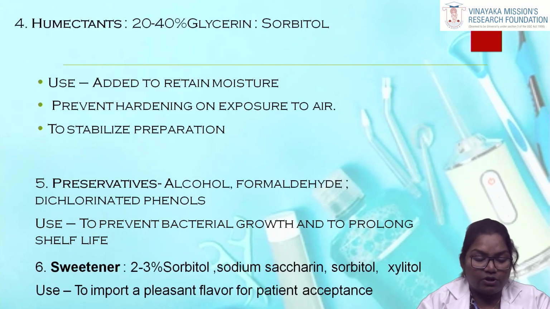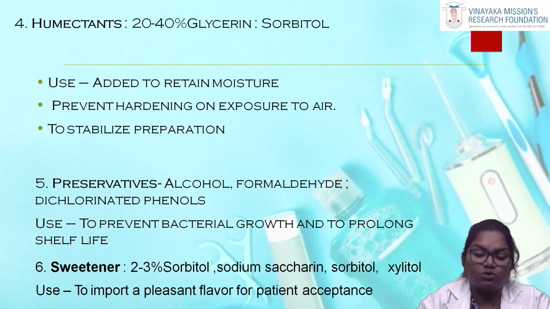Next, we have the humectants, that is 20 to 40% of glycerin or sorbitol. It is used to retain moisture, it prevents hardening on exposure to air, and it also stabilizes the preparation. Next, we have the preservatives such as alcohol, formaldehyde or dichlorinated phenols. They are used to prevent bacterial growth and to prolong the shelf life of our toothpaste.